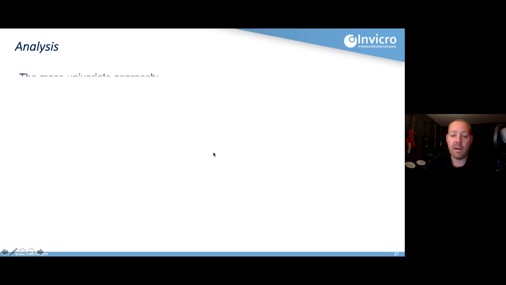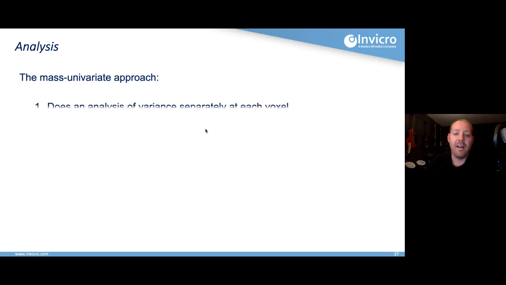So this is the hard bit, the analysis. It uses something called the mass univariate approach. So it uses univariate statistics, meaning t-values, essentially, Student's t-tests. We're not doing anything fancy with ANOVAs or whatever yet, but it's a mass univariate approach because you're doing masses of them.